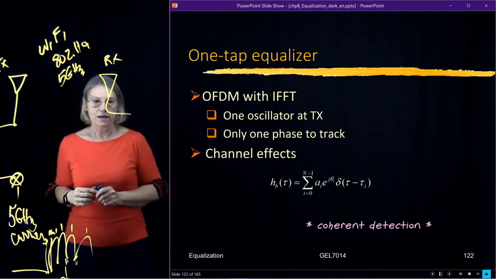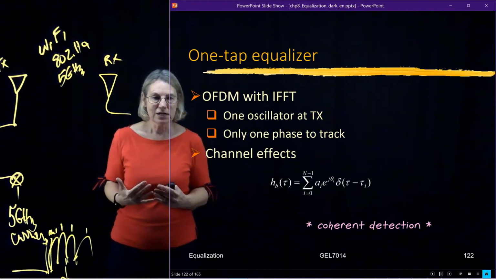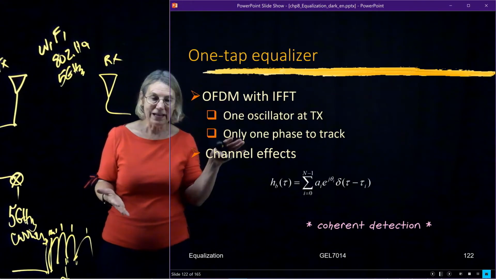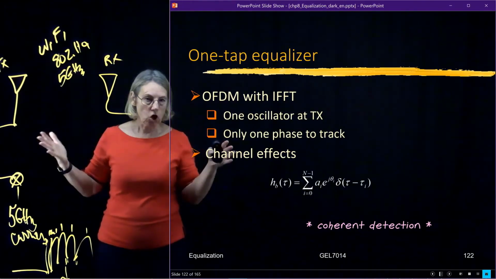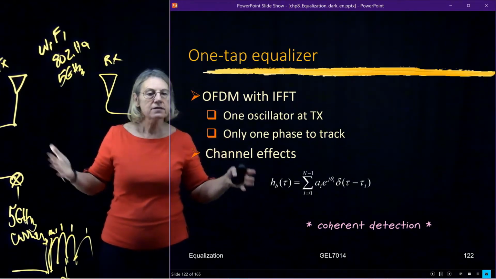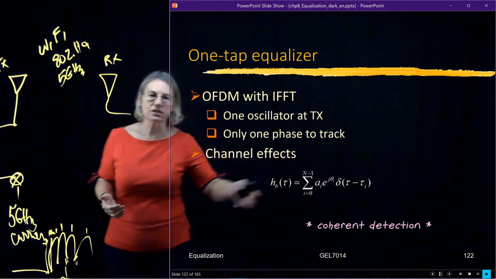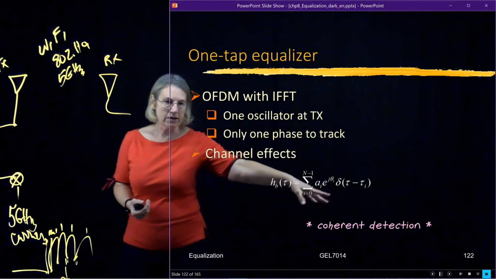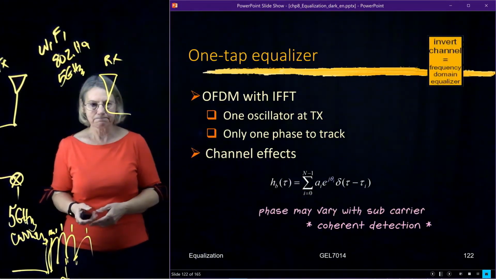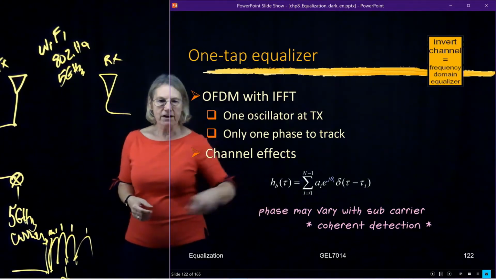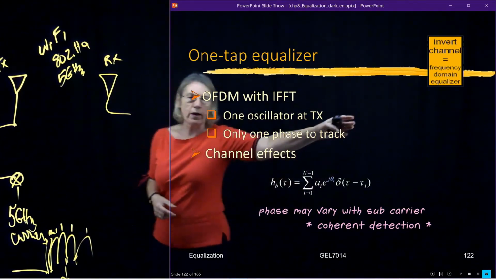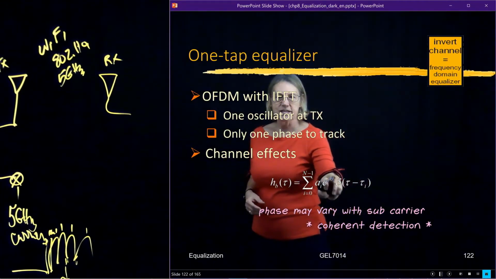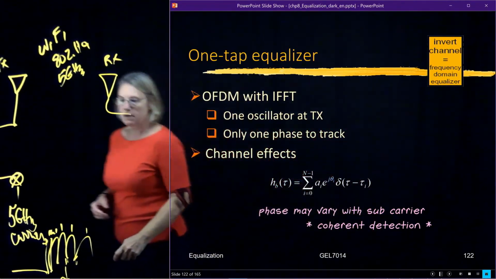So again, it's not so much to combat ISI, which should not be high because I've already gone to these long symbol periods. But there is some variation in this main phase, which is changing a little bit maybe from carrier to carrier because of the channel effects. So the phase may vary with subcarrier, and that is the point of this invert the channel, just to take care of this phase change introduced by the channel.